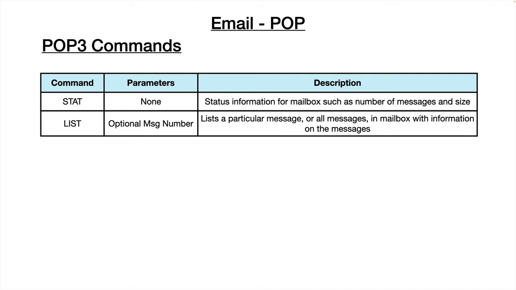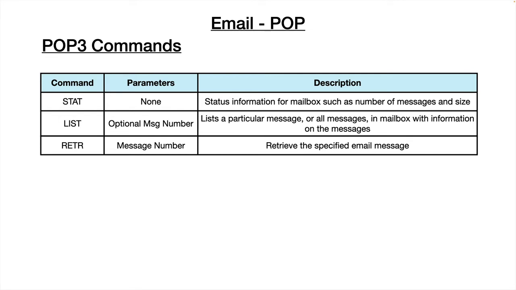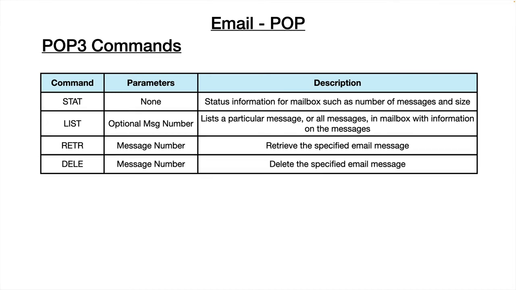When you're ready to read your email, you would use a retrieve command, RETR, and you would give a message number, and that specified email would be pulled down from the server to your client and displayed to you. So this is you reading your email. If you have an email that you want to get rid of, regardless of whether you've read it or not, you can use the delete command, DELE. You specify a message number, and it will delete the specified email message.